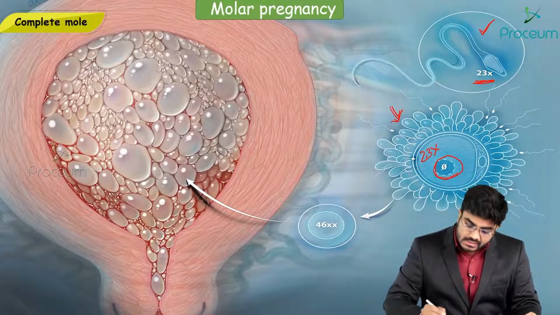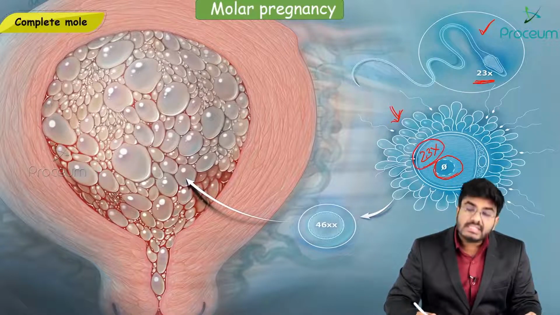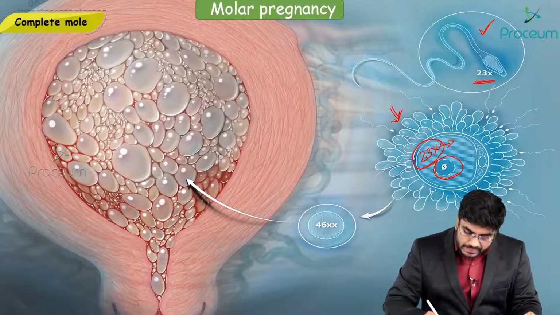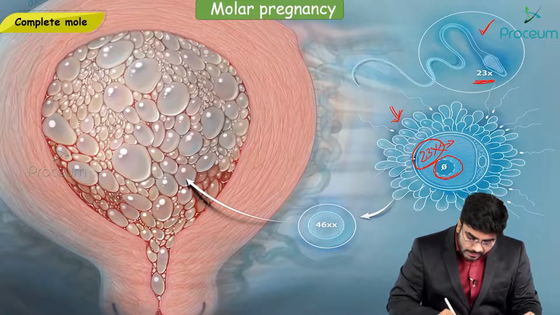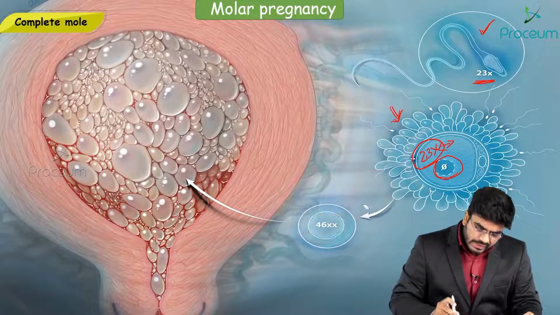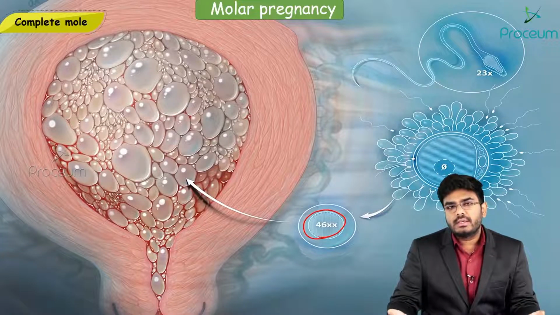Now, what happens? This paternal genetic material is going to duplicate, and now it will become 46XX. So in the end, it just looks like a normal 46XX. This is a diploid state.